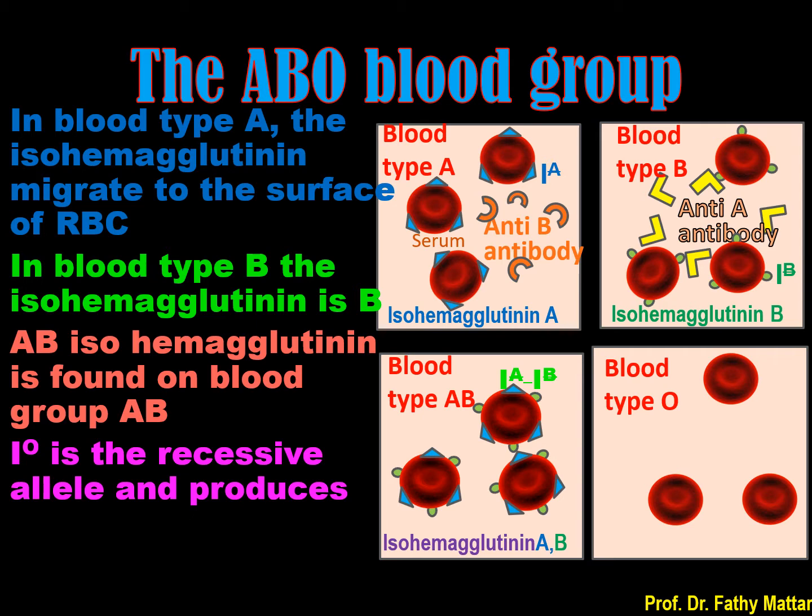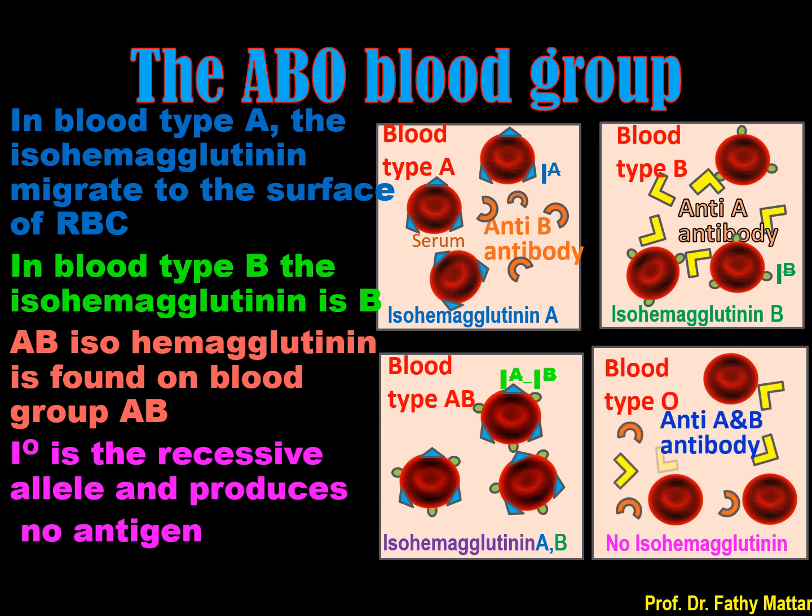In case of blood type O, the red cells have no isohemagglutinin on their surface, and in this case the serum contains both anti-A and anti-B antibodies.